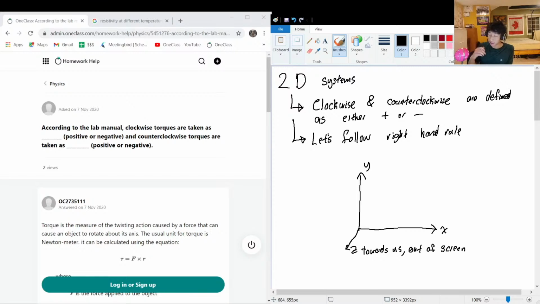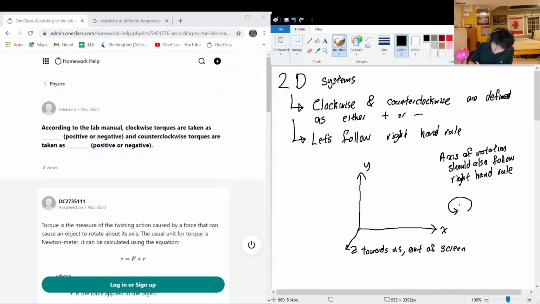Now the axis of rotation should also follow the right hand rule. So your fingers are going to curl the same direction that it's spinning. Your fingertips are like the arrow pointing which direction you're spinning, and your thumb is going to tell you which direction the axis of rotation is. So suppose we have this type of situation.